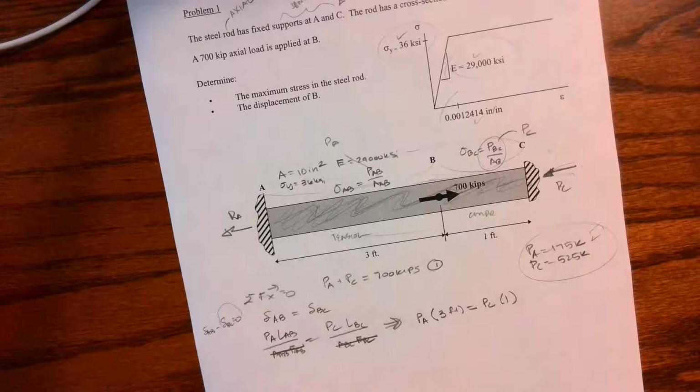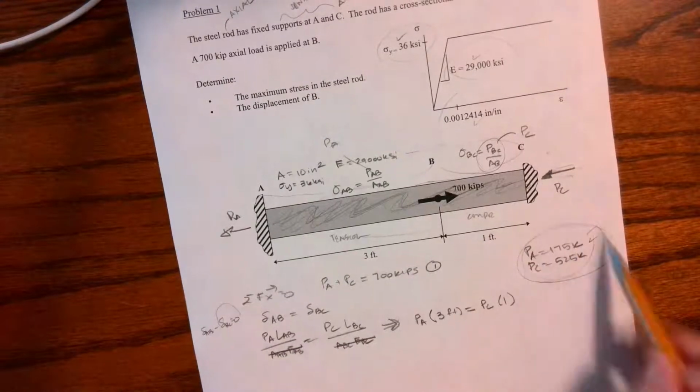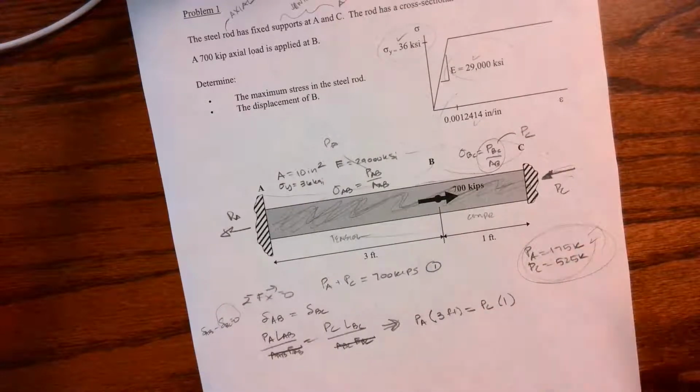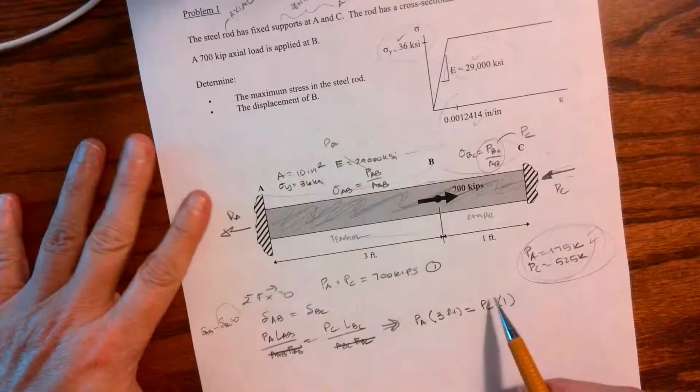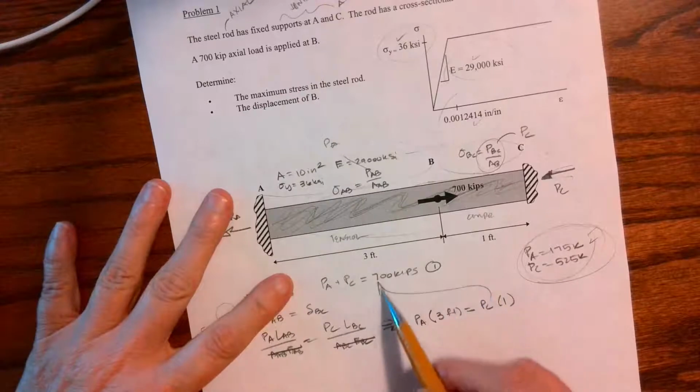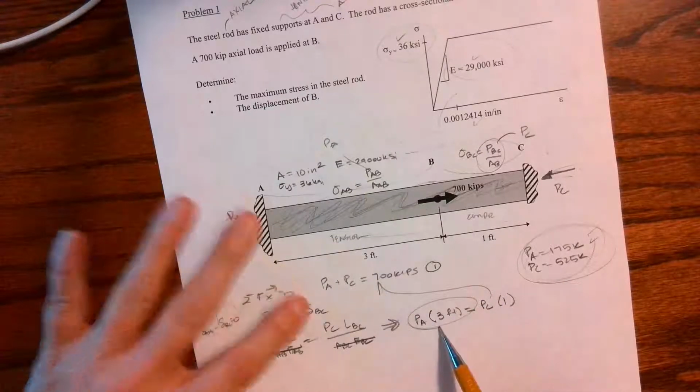And so it makes this nice little ratio, and we're going to see that this really does work just like it did for shear. So I can come back up to this equation. PC equals 3 PA.